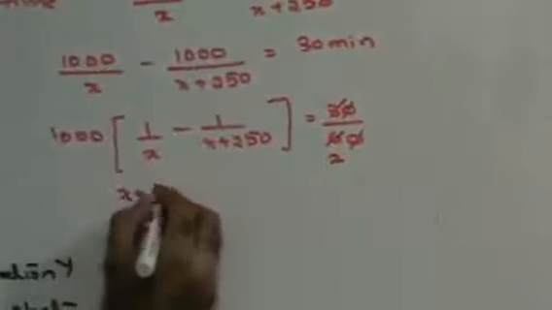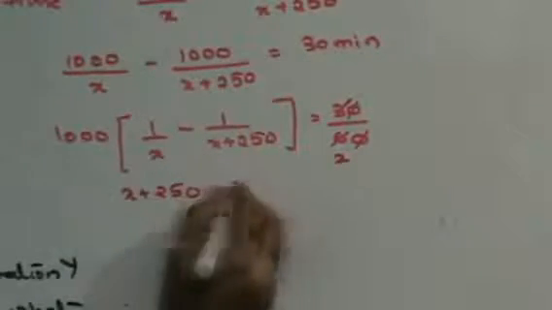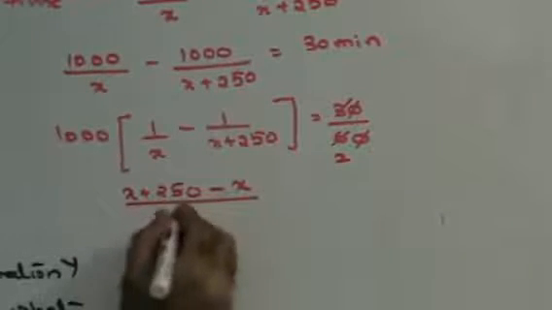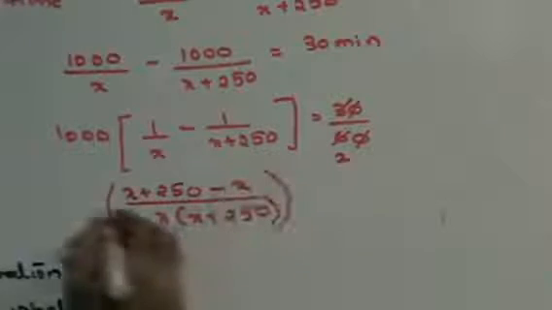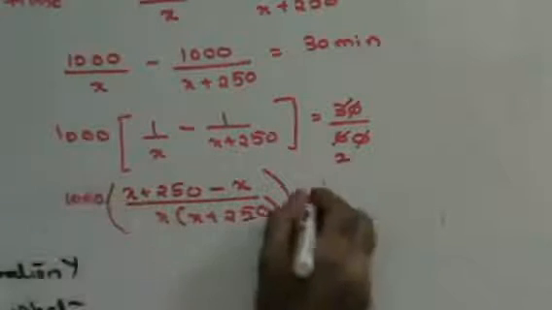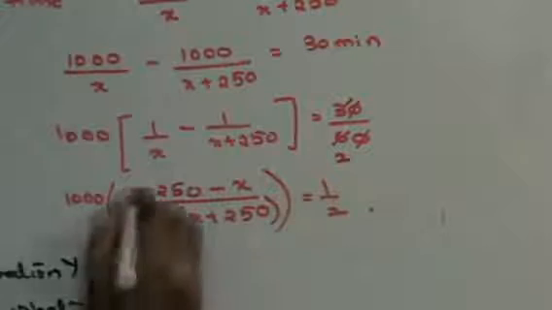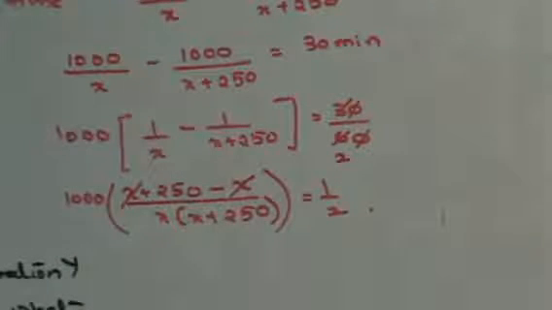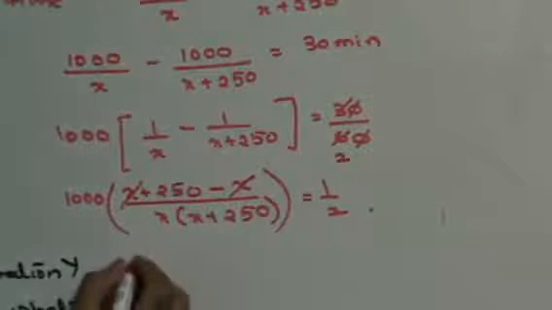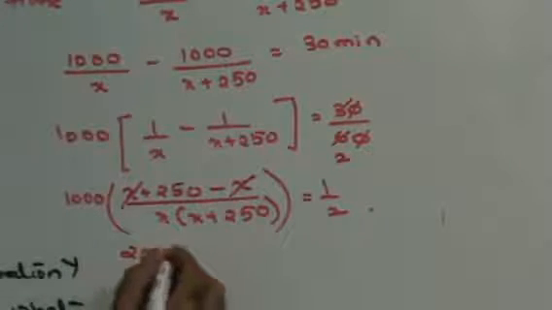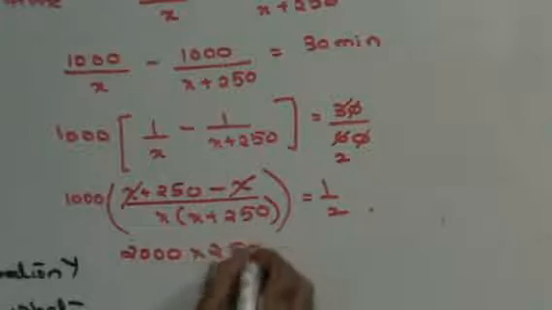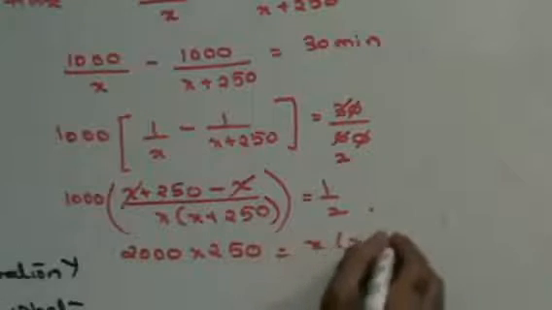This is x plus 250 minus x upon x into x plus 250, into 1000, is 1 upon 2. So your x and x would get cancelled, cross multiply. If you cross multiply, 2 comes up here, so you'll get 2000 into 250 is x into x plus 250.